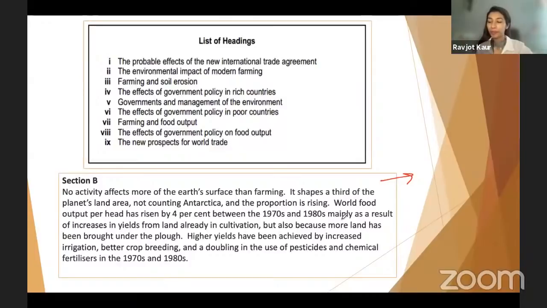Effect of farming. Food output. Okay, Harshit said food output. Nazneen Begum also said farming and food output. Effect of farming, Prandeep said. Farming. It talks about farming.